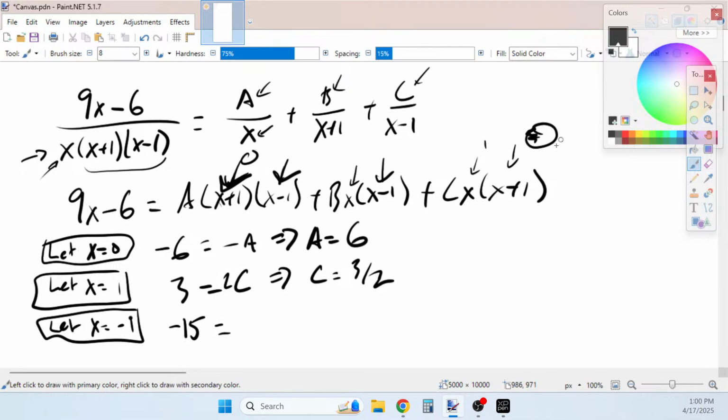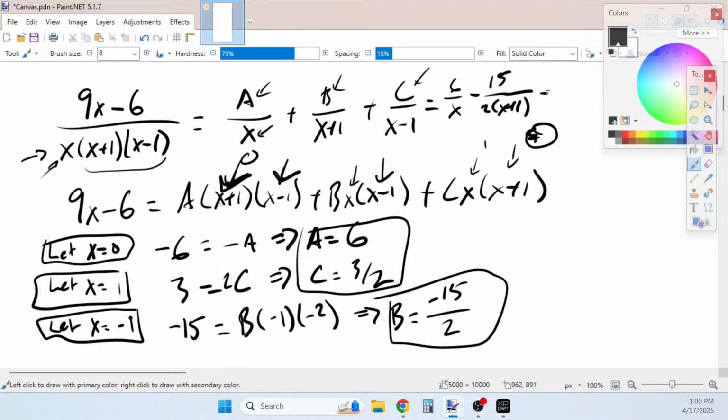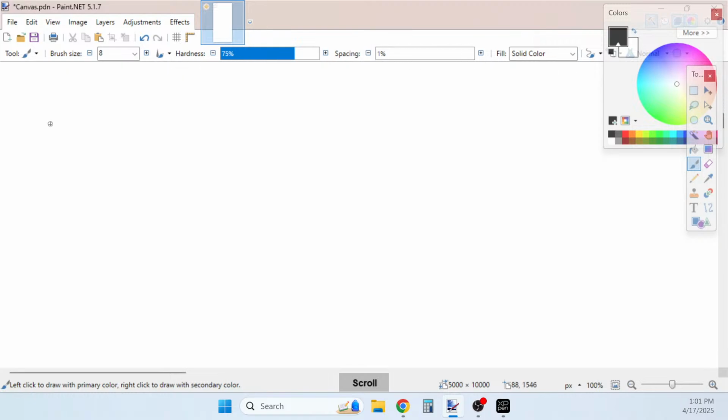And this one divided by, and now that we know, 6 over x, 1.